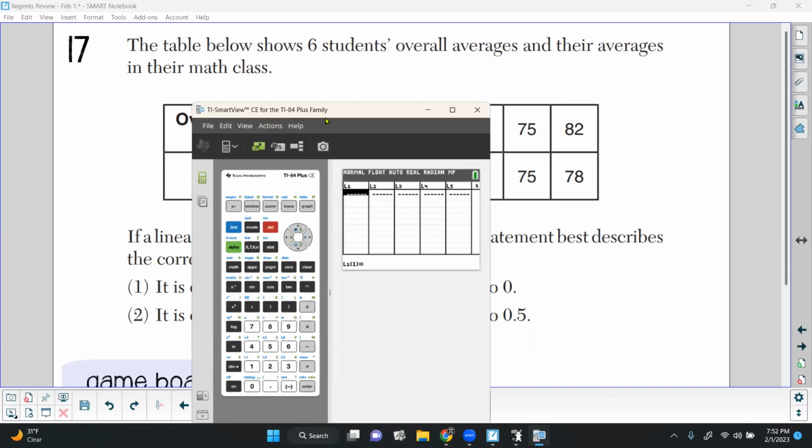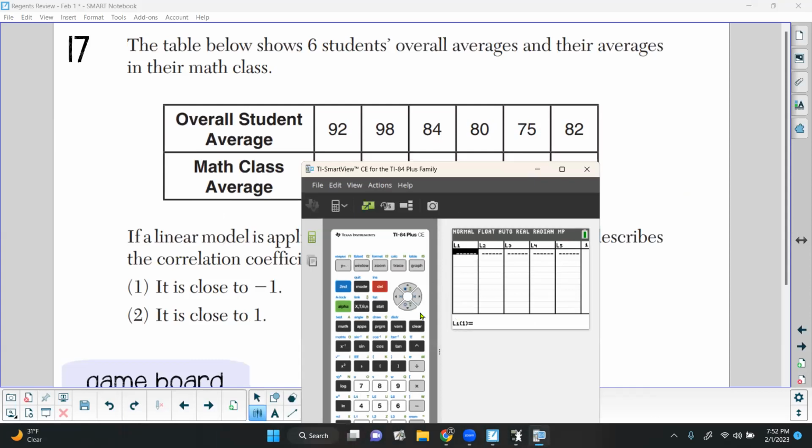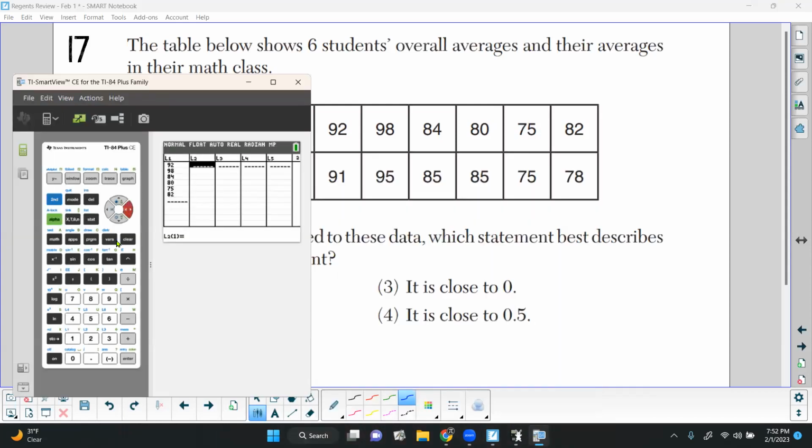And we're going to start entering into list one, 92, 98, 84, 80, 75, and 82. Then we're going to arrow over to list 2, and we're going to type in these values, 91, 95, 85, 85, 75, and 78. Check to make sure all my data points are there.